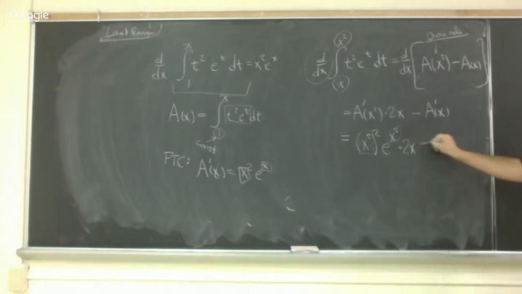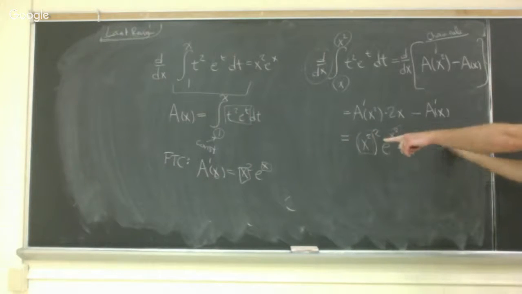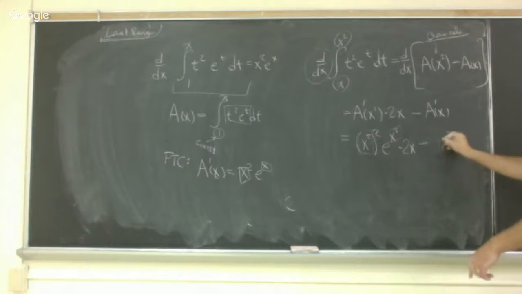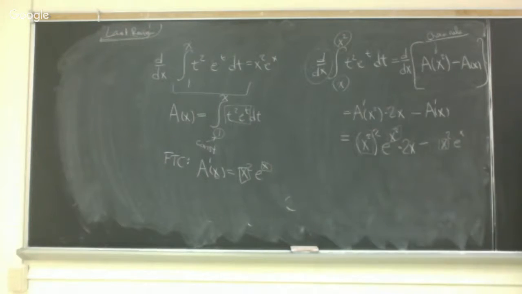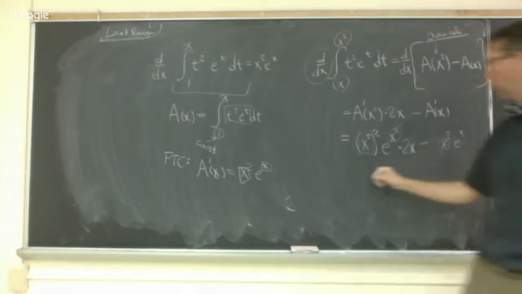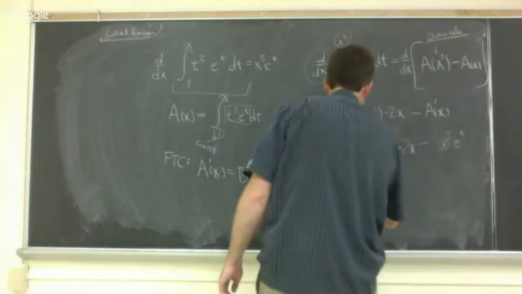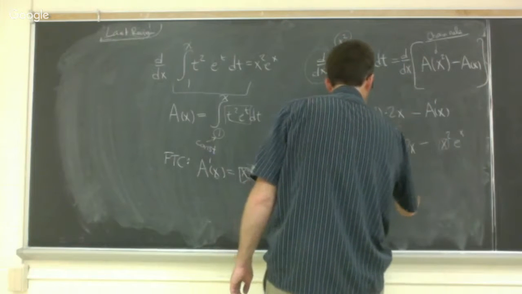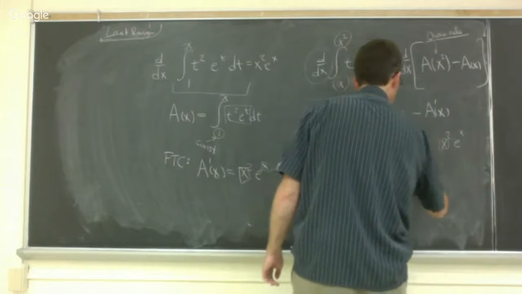And I'm going to subtract a prime of x, x squared e to the x. So what's x squared squared? X to the 4th, so I'll get 2x to the 5th e to the x squared minus x squared e to the x.